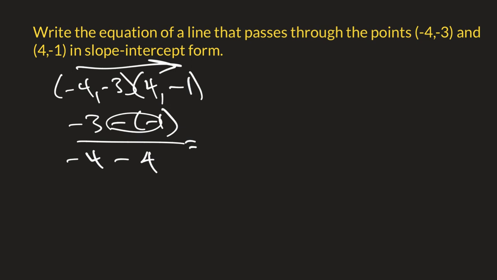Minus a negative becomes a positive. So on the top there, you really have -3 plus 1. What is -3 plus 1? -2. And what is -4 minus 4? -8.